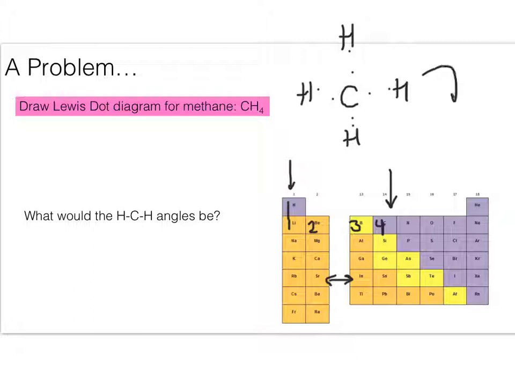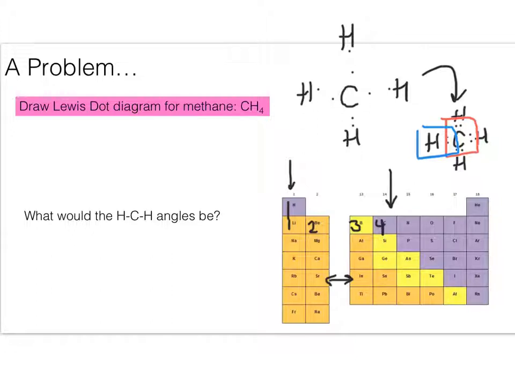And if we were to draw this in an appropriate Lewis dot structure, we would say something maybe like this. And carbon's happy. Carbon has all 8 electrons. It has this octet. And then, of course, hydrogen only needs a duet. So hydrogen is happy because it's sharing 2 in total.